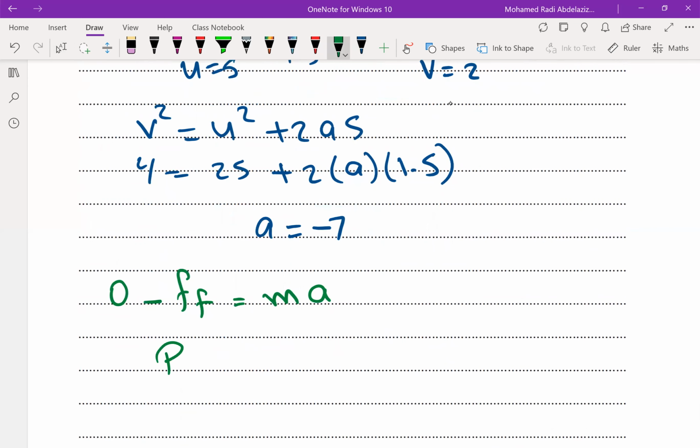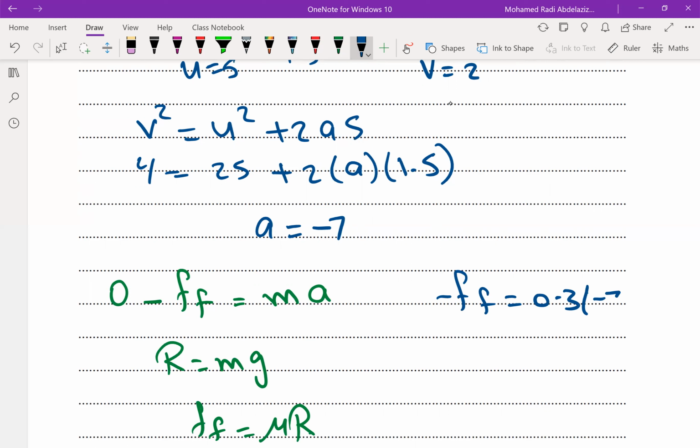And R is equal to mg, frictional force is equal to mu R. From the first equation, frictional force is equal to mass times acceleration. So you can find the frictional force is 2.1 newtons.